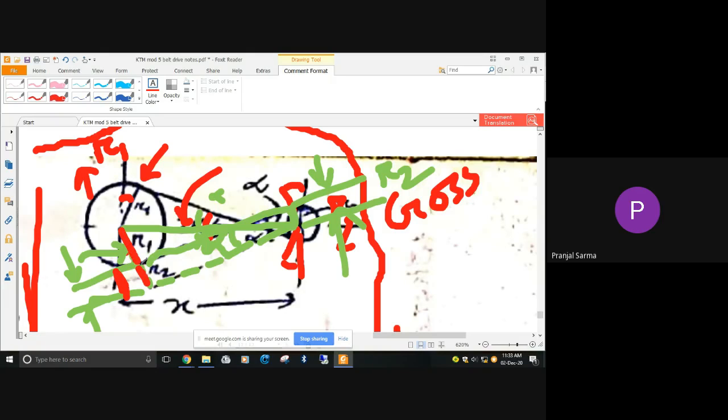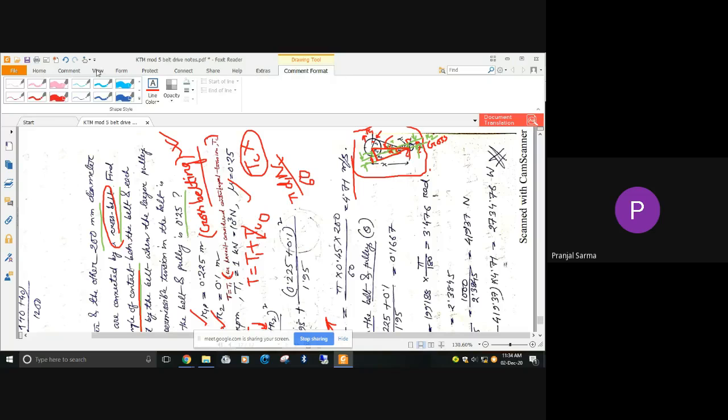If you consider this extended triangle, this side becomes R1 plus R2, and this one becomes the central distance. This angle is alpha, and it is actually a right angle triangle, so all of you can use the trigonometric relationship. Understood up to this first?